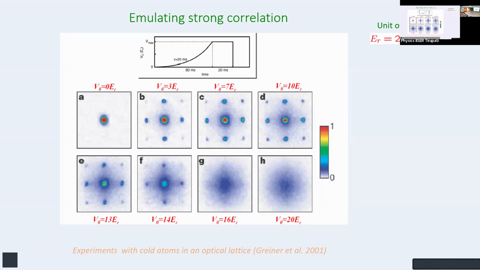But around 13 or 14, when the lattice depth is, in terms of some unit of energy, which is the recoil energy, that is basically the natural energy unit that you can create out of the wavelength and mass of the bosons. When this crosses a critical value, which is roughly 14 times this recoil energy, the central peak is gone.